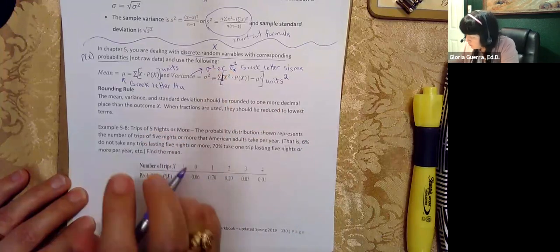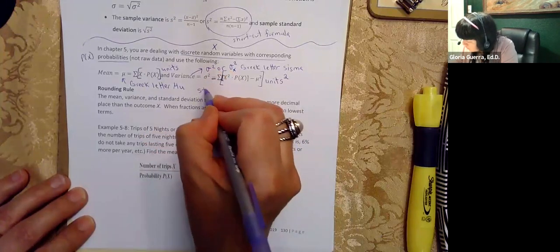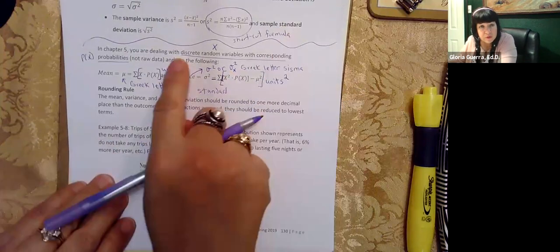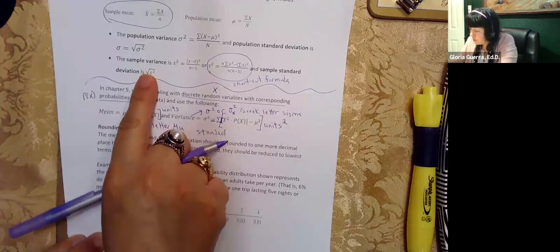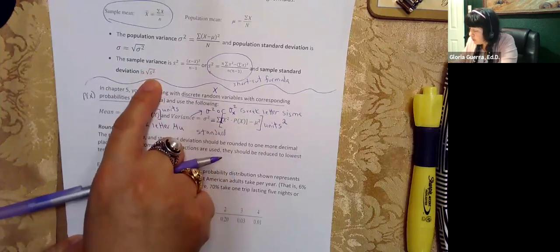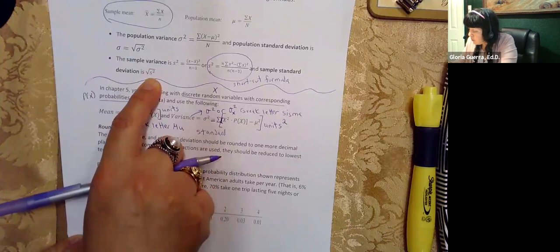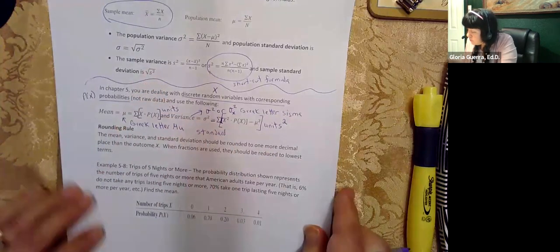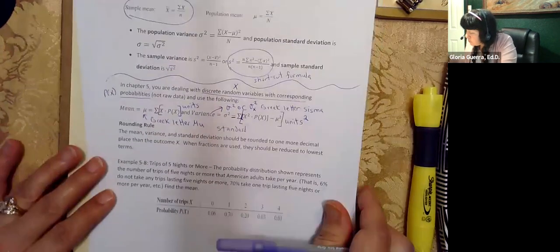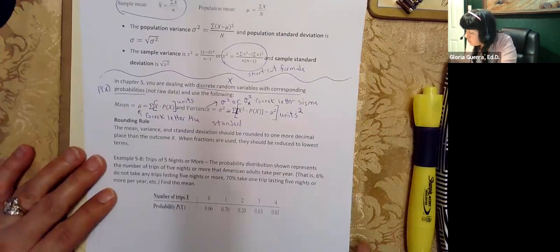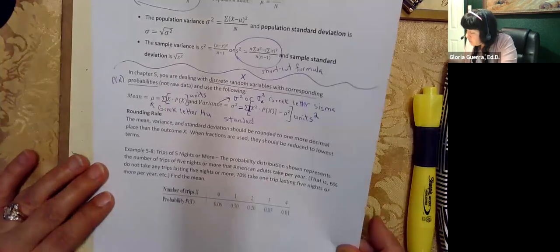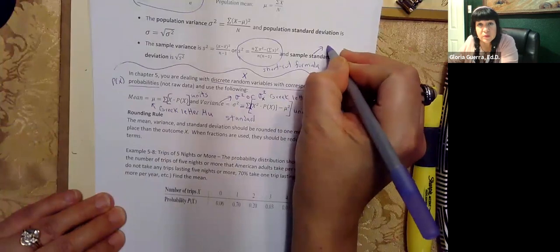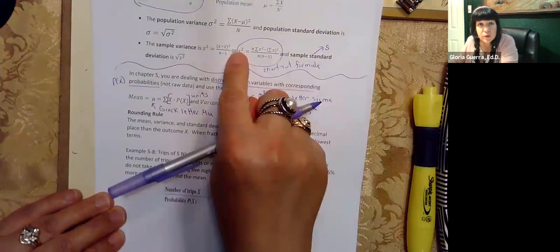And then standard deviation, they left that off. Over here, they have standard deviation, but this is for test number 1, chapter 3, when they had raw data, and they said the formula was square root of s squared for that. So the sample standard deviation would have just been s, or this is s squared for variance.